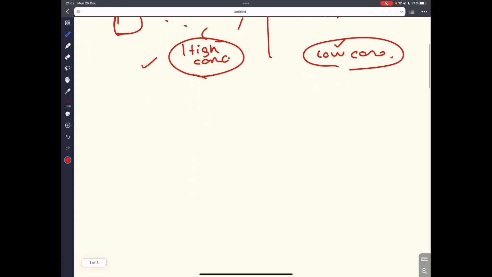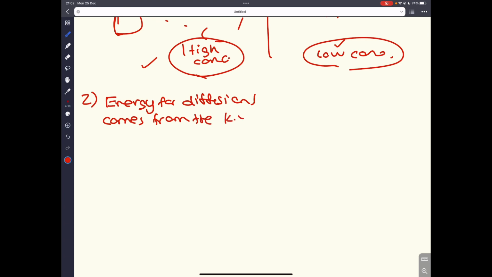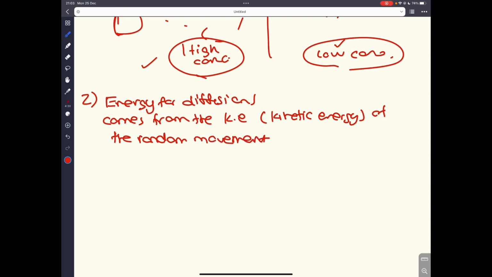Okay. But secondly, we have to know, where does the energy for diffusion come from? Well, it turns out that the energy for diffusion comes from the kinetic energy, or the KE, of the random movement of molecules and ions.